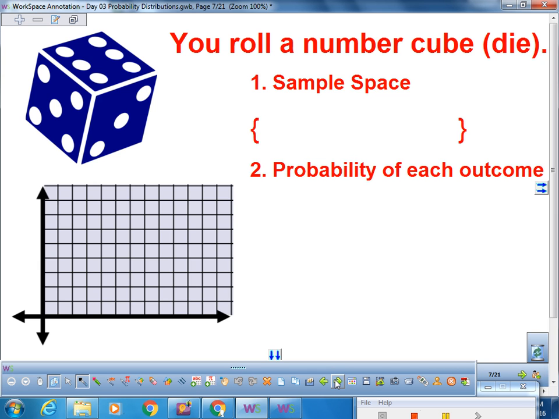Just visualize that you've got a number cube on your desk and you roll it. What would that sample space look like? What could you roll? You can roll a 1, a 2, a 3, a 4, a 5, and a 6.